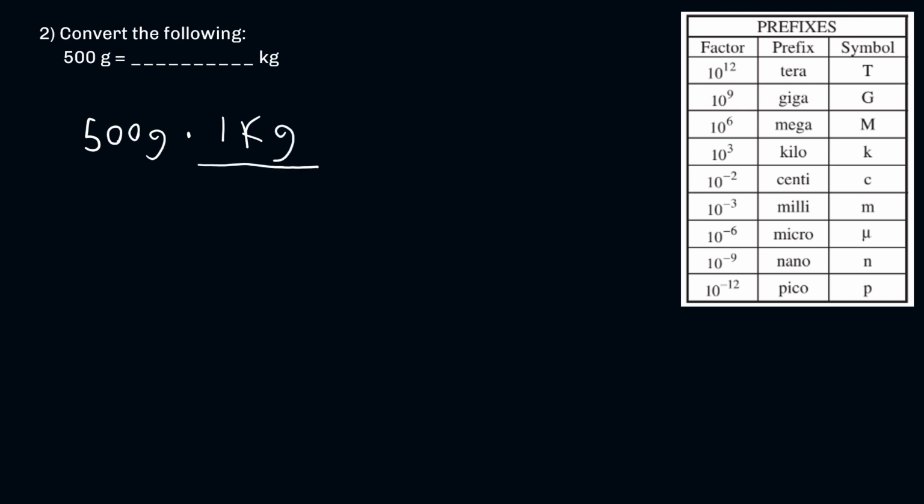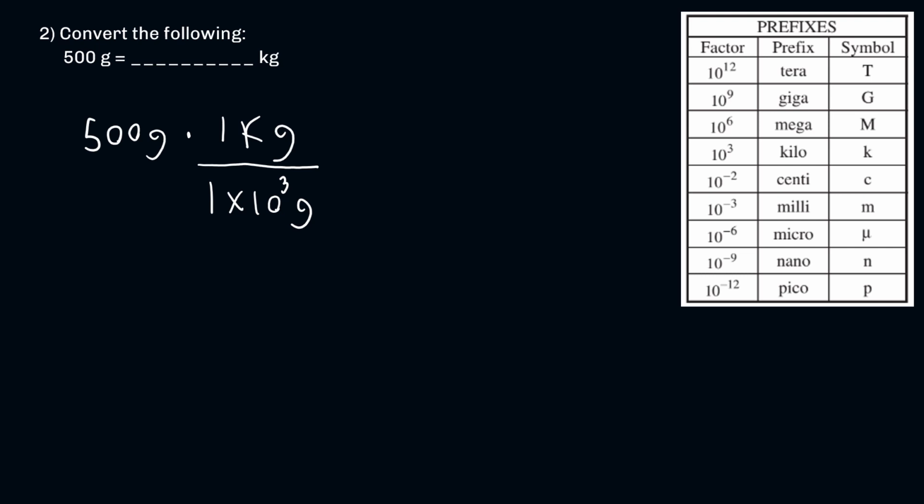What does the table tell me that 1 kilogram is in grams? It says that is going to be 10 to the third. So I can put on the bottom 1 times 10 to the third grams. Again, you want grams on the bottom because you're canceling out that unit, and you're going to end up with your new unit as kilograms.